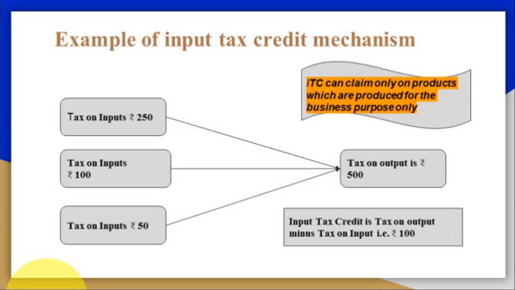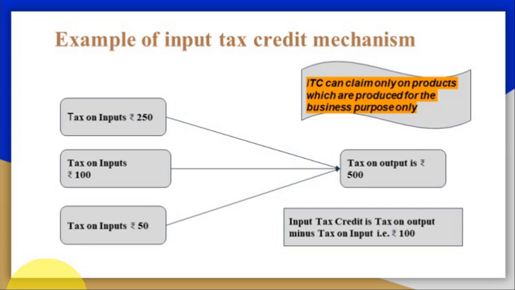For the purchases of raw material or inputs, he paid rupees 250 as input tax to supplier A, rupees 100 as input tax to B, and rupees 50 as input tax to the C supplier. After converting the raw material into finished goods, he sold them to the trader, wholesaler or final consumer, and for that he claimed 500 rupees as output tax.